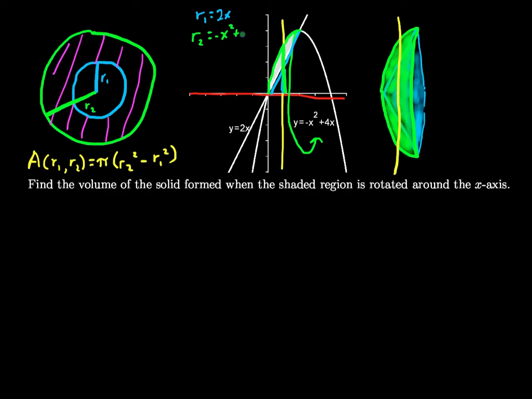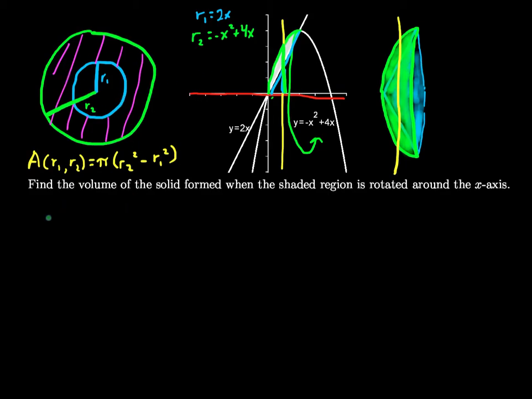That's my outside function. So I have R1 and R2 in terms of x, because the areas will change as I move closer to 0 or farther away.